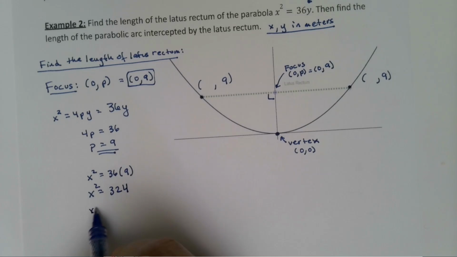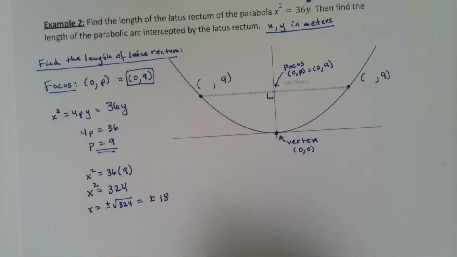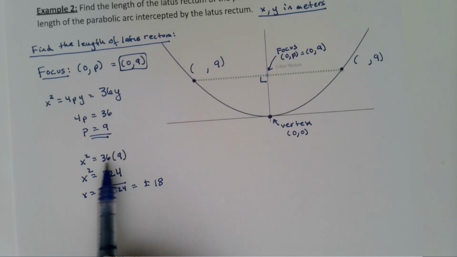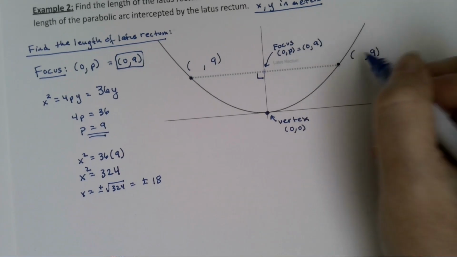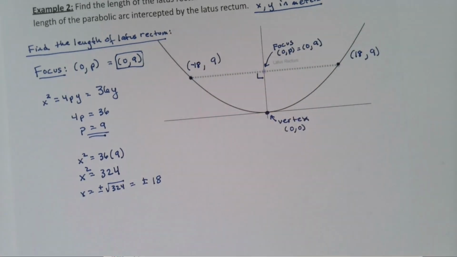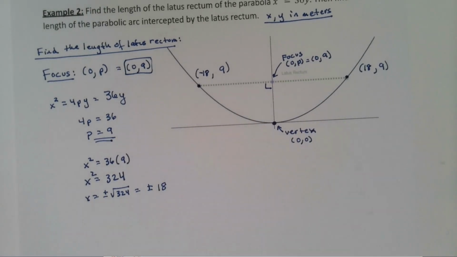And therefore x is equal to plus or minus the square root of 324, which is plus or minus 18, because the square root of 36 is 6, and the square root of 9 is 3, and 6 times 3 is 18. So I know this point over here is 18, and I know this point over here is negative 18.